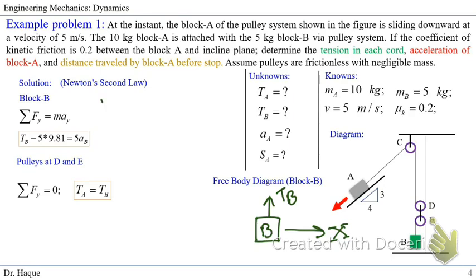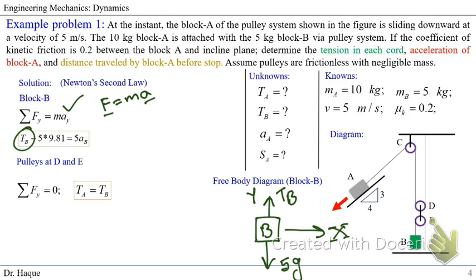So we start from F equals to ma, and these are all vectors, and you'll have X coordinate and Y coordinate components. So we're not considering X, we're only considering the Y. So Fy equals may, and Fy is only the tension upward, and then the weight of the block B downward, which will be 5z. 5 is the mass and z is the gravity.